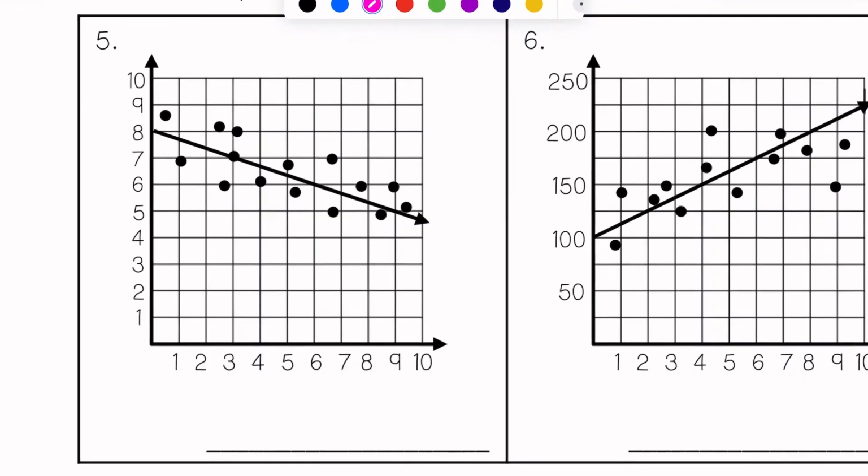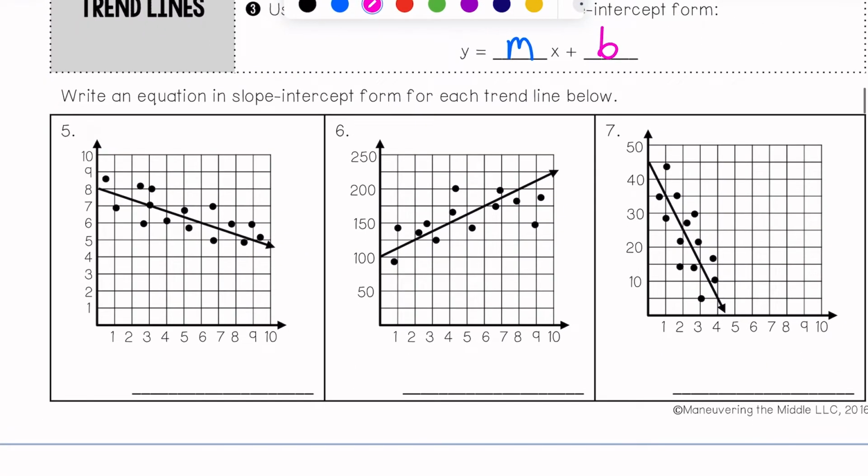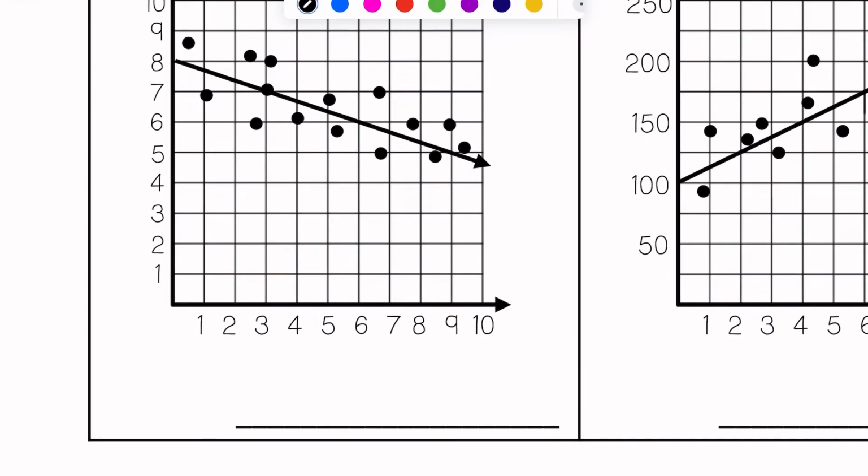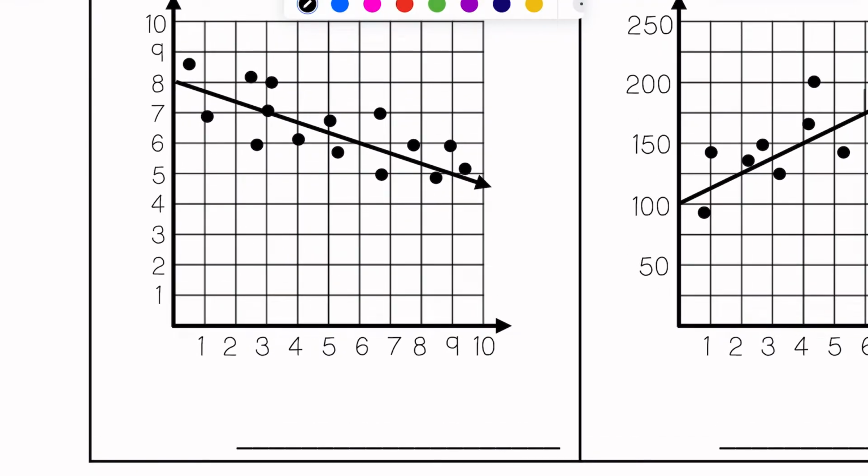For these examples, we are going to write an equation of the trend line that is going through the scatter plot. Again, the format is y equals mx plus b. The blue and the pink, we need to replace with numbers. I always start with the pink. This line starts at the number 8, so that is our y-intercept. Now, to find the slope, I'm going to add these blue dots. Those are not data points.